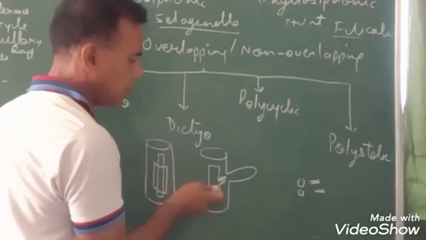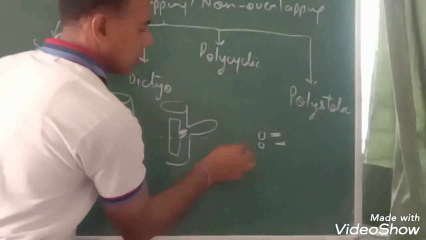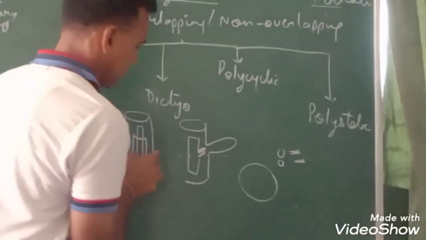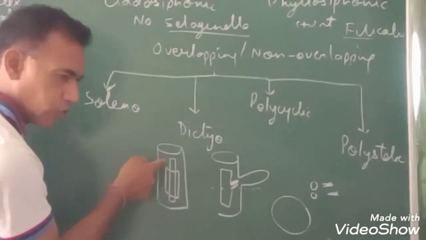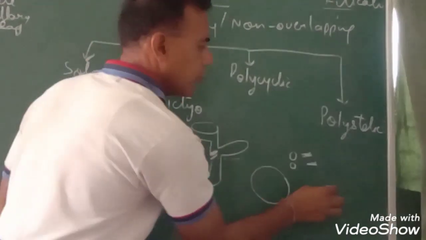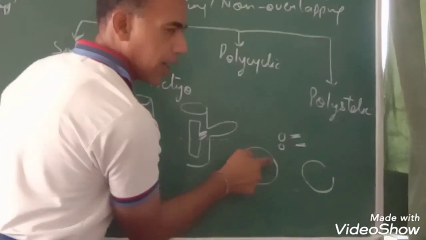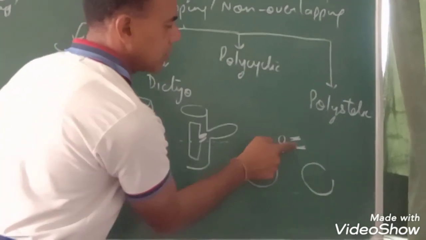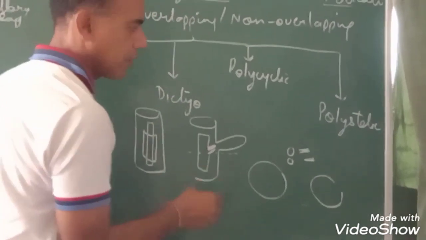When we cut a section of this part, the circle of vascular bundle which was earlier looking like this will now look like this, because a part of it is cut and is being supplied to the leaf or branch.